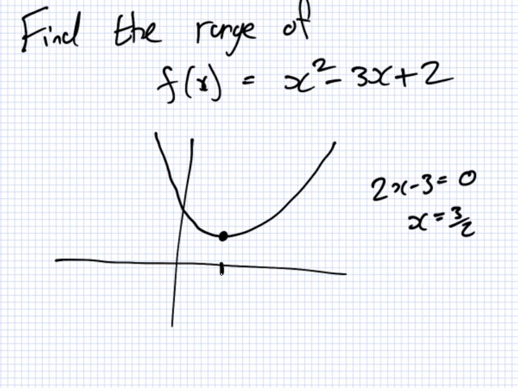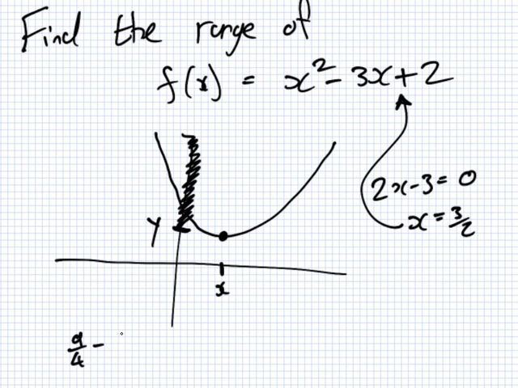But I don't care about the x. I would like to know the y here, because if I knew this value of y, then I know the range is everything above. So to find the y, I need to put that in there. Let's see what we get. That would be 9 over 4 minus 9 over 2, thank you.